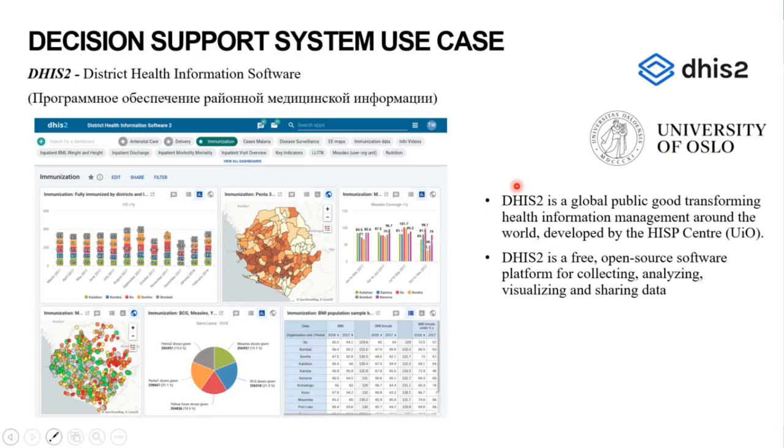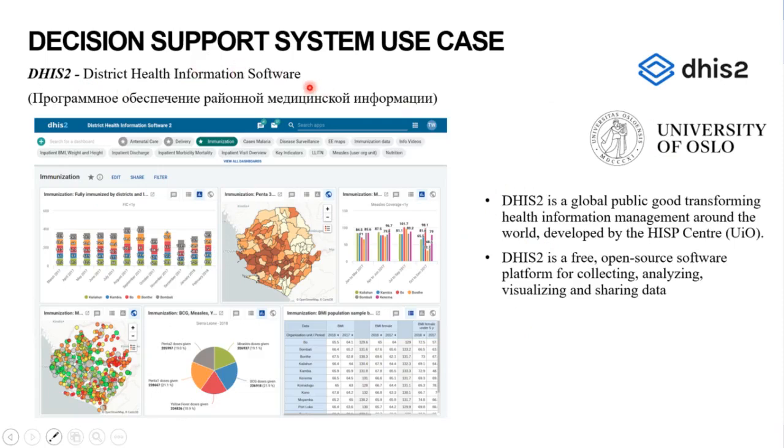For example, remote locations, somewhere far away, like Yakutia. Of course, Yakutia is a big place, but maybe in a very remote location in Russia where it might be difficult to have a big hospital or clinic, you can have smaller or mobile clinics. And how do you keep record of what is happening in these places? So some researchers decided to build a tool called the district health information system.